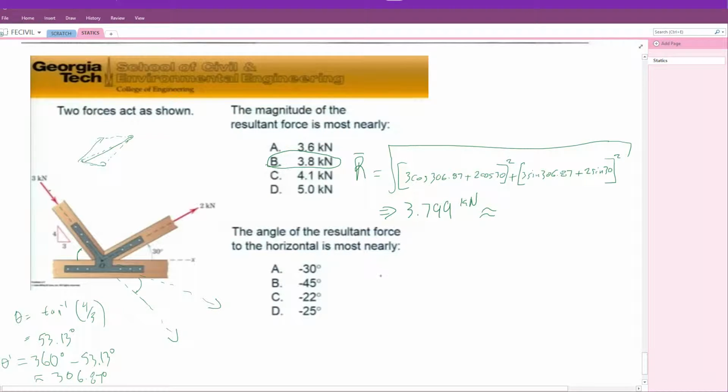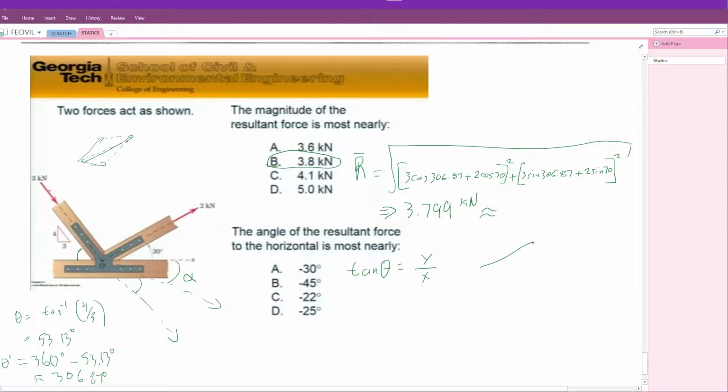Okay, now we're interested in the angle. You see this magnitude right here is going to be less than... let's see, what angle is it acting at? Let's call this alpha. So we're looking for the angle alpha. To find this, you just remember that tan theta is equal to y over x.